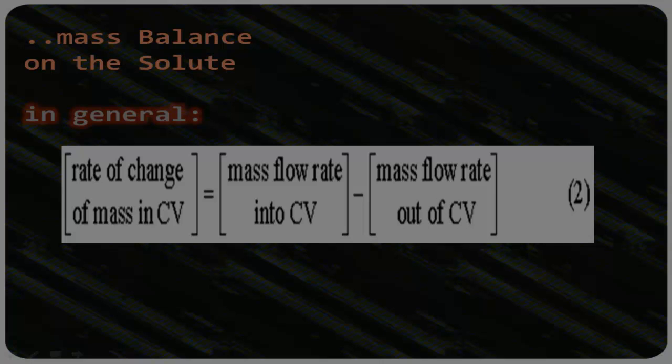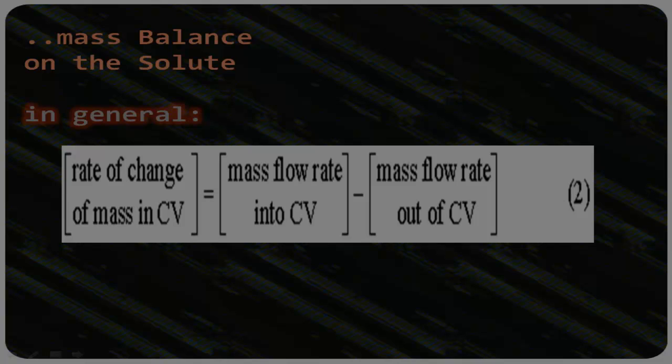Now, we are going to evaluate the mass balance of the solute. In general, a mass balance in any system of interest consisting of an arbitrary control volume, or CV, can be written as: rate of change of mass in CV is equal to the mass flow rate into CV minus the mass flow rate out of CV.